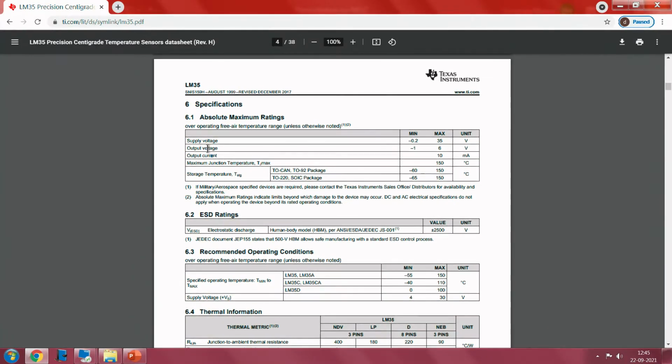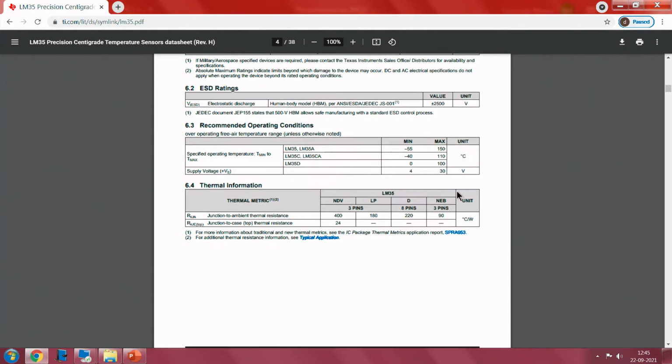The maximum output voltage that you get out of it is -1 to 6 volts, right. It will not give more than that. Tj max is 150 degrees, so it can withstand a junction temperature of up to 150 degrees. We have already seen the supply voltage, which is 4 to 30 volts.